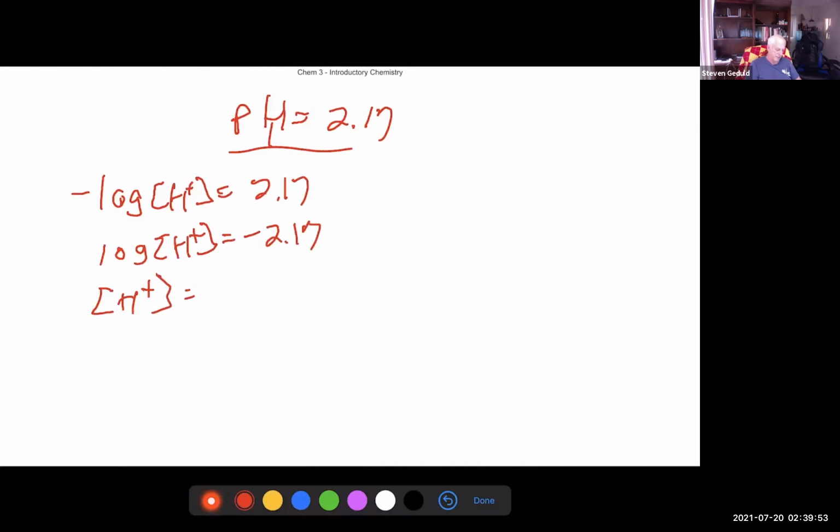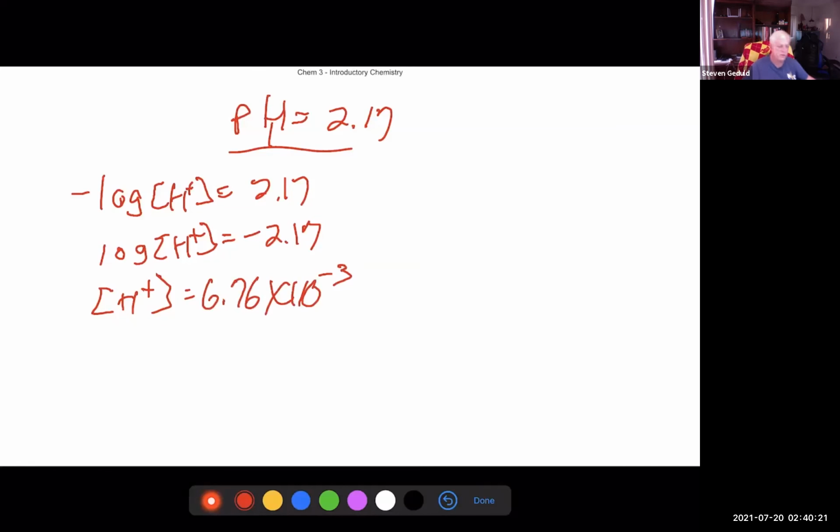Again, use your scientific calculator, turn it sideways, put in negative 2.17, and then hit 10 to the x. It comes out to 6.76 times 10 to the negative 1, 2, 3.